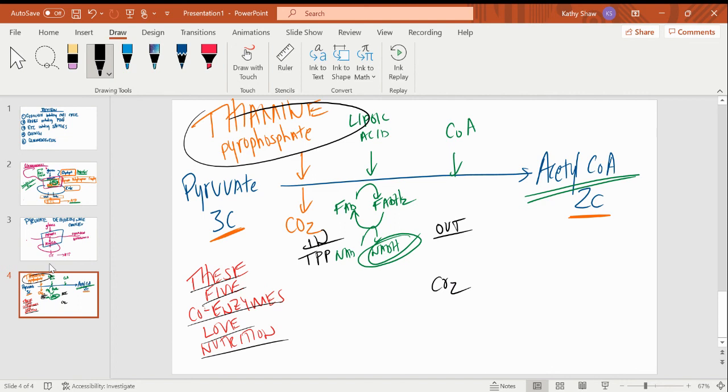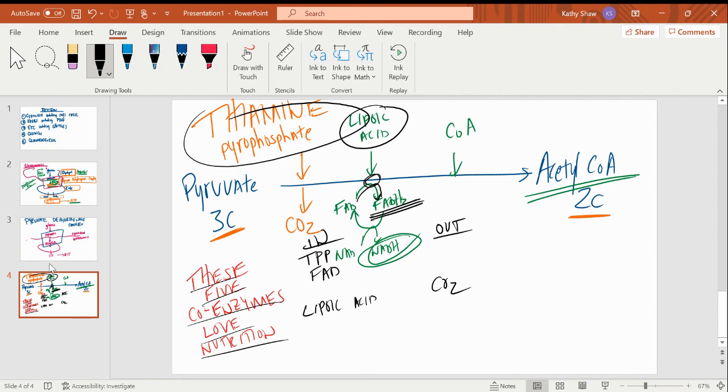Then we go through that oxidation reduction series. Lipoic acid goes in, FAD goes in. However, FADH2 does not come out. It's kind of an in-between. Intermediate is the proper word for that, because we oxidized our 2-carbon intermediate while we reduced FAD to FADH2.